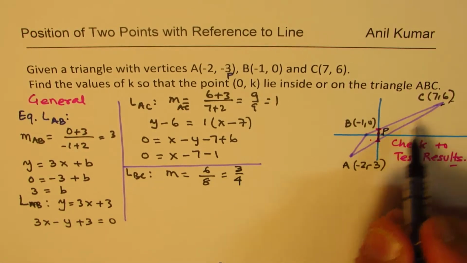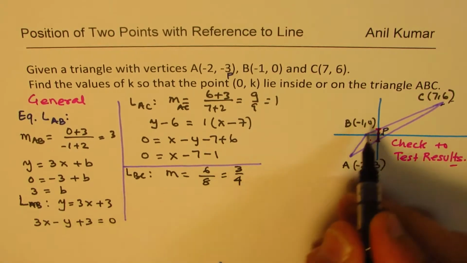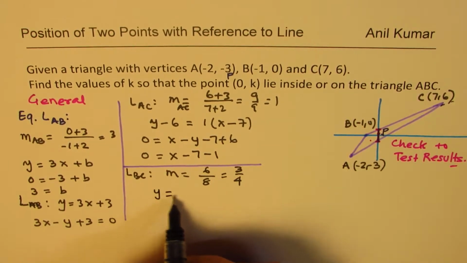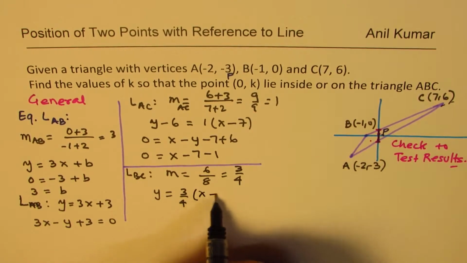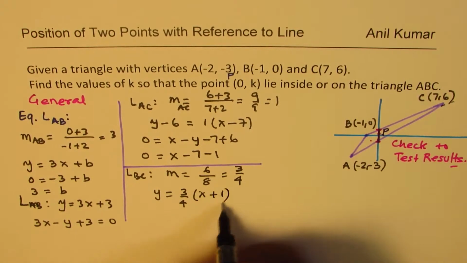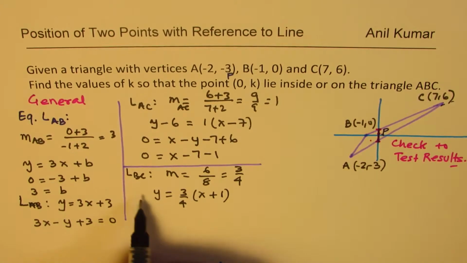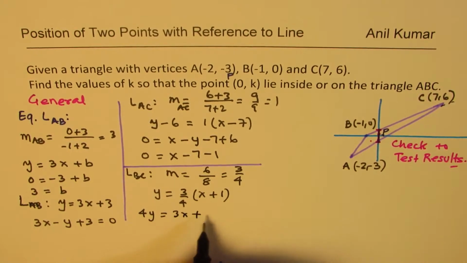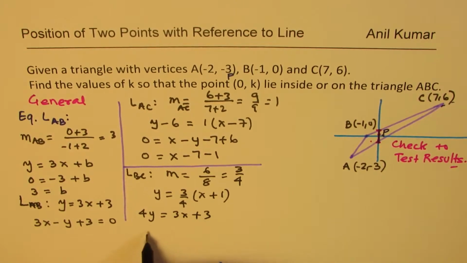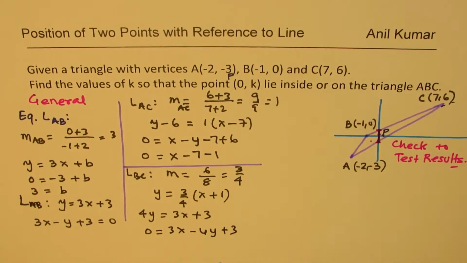The equation of the line will be, using this point, y minus 0, so y = 3/4 times (x plus 1). Clear? We cross multiply: 4y = 3x + 3, and then the equation 0 = 3x - 4y + 3. So we get three equations.